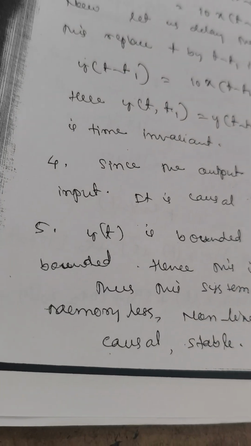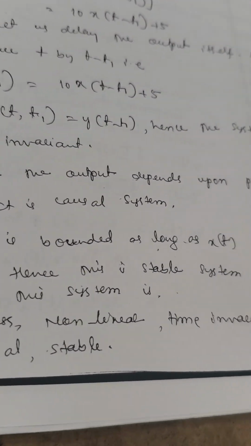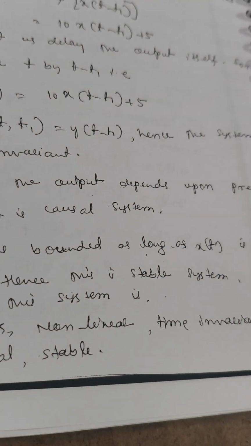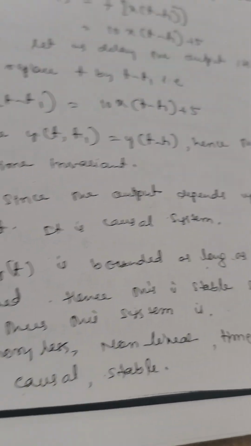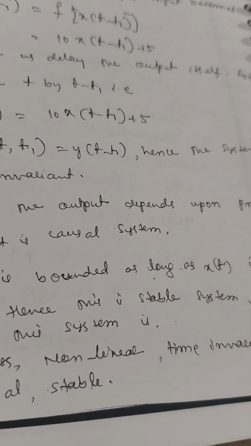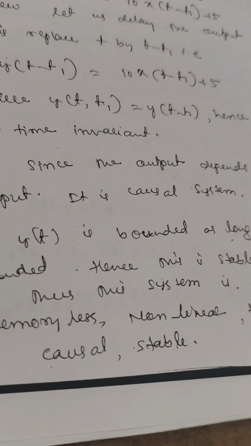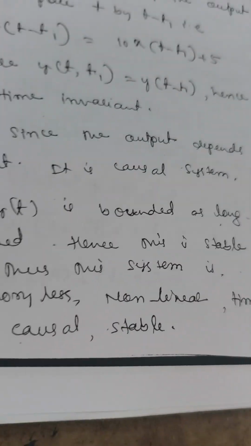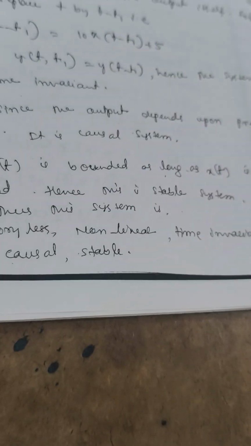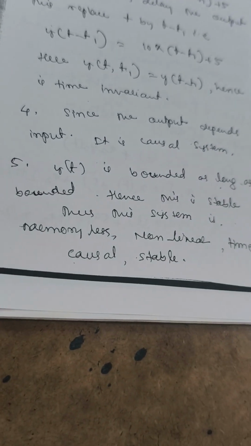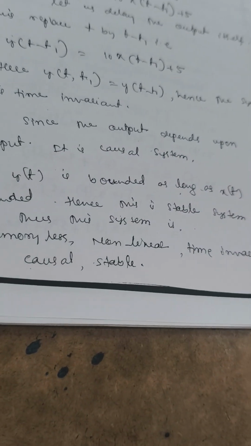Then the fifth one is that y(t) is bounded as long as x(t) is bounded. Hence this is a stable system. Thus, the above system, y of t equal to 10x of t plus 5, has these properties: it is memoryless or static, and it is non-linear.